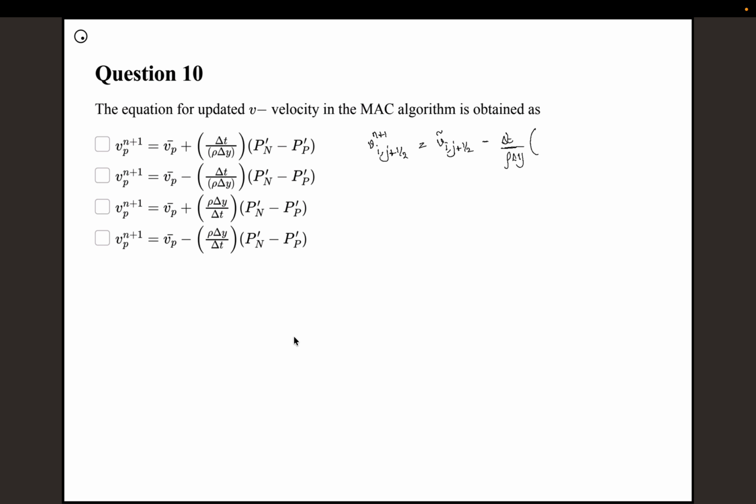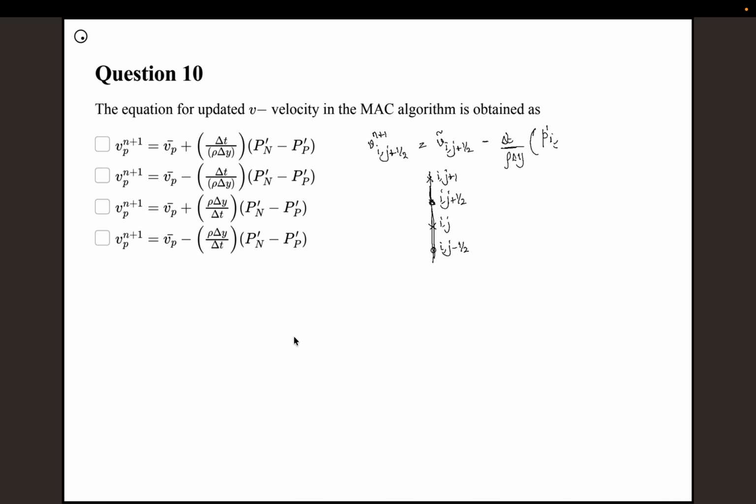Times del p del y, where del p del y, if my cells are like this along the vertical direction, will be at i, j plus half. Sorry, we are doing this at this point, j plus 1 here.